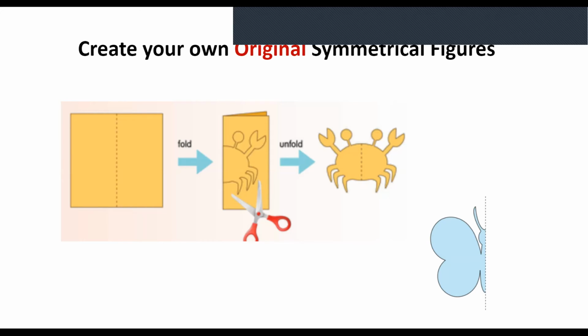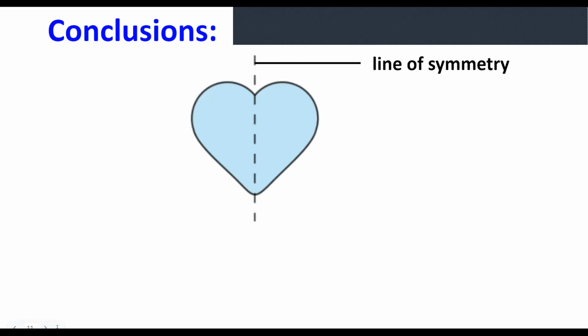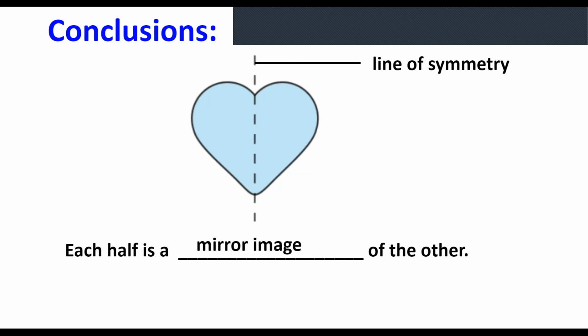Right, so if I were to say some conclusions here, what I can say is that, do you notice this? A part of the half was looking at the mirror and saw itself in the mirror, like a repeat.